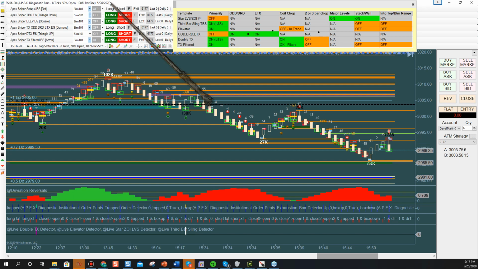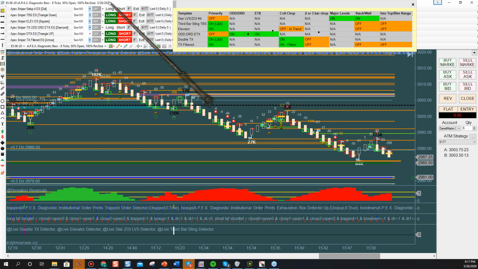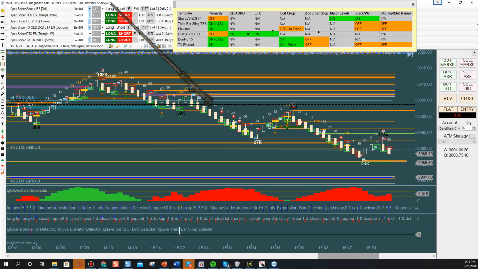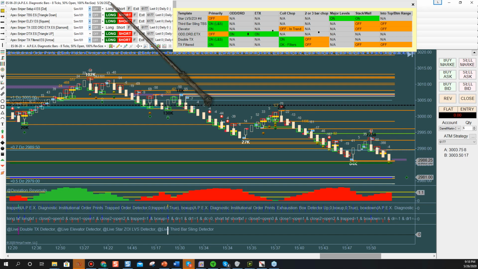Do we take the short? We do not take triple dippers on ES. There we go. Yes, we do take it. There's no reason not to take that short. The entry is underneath the wall there, the deviation level. Lines right up with it.